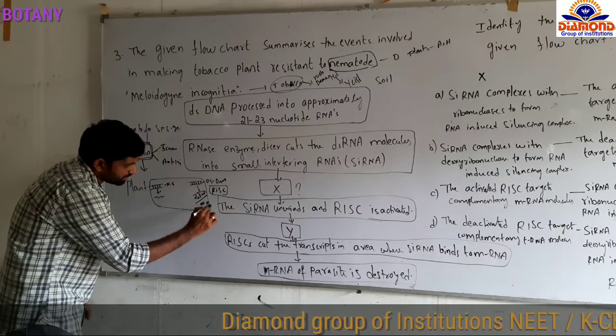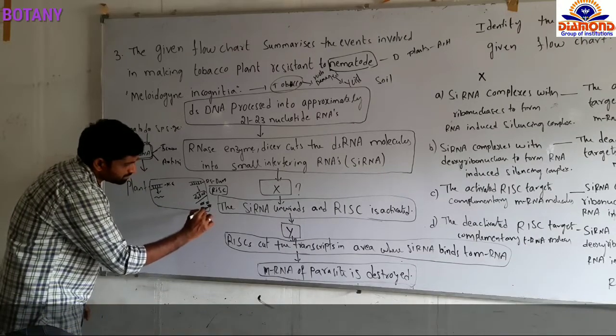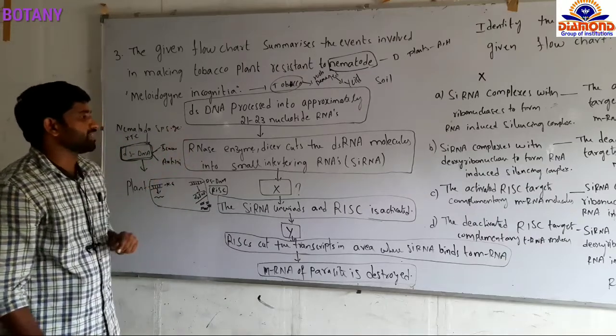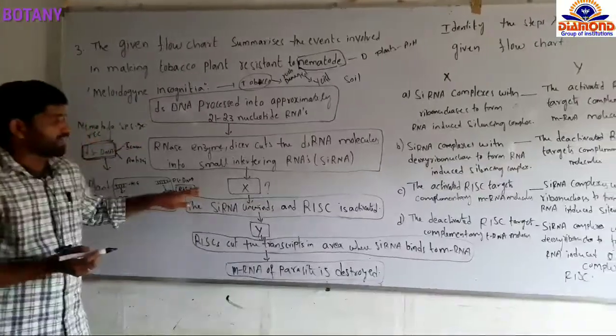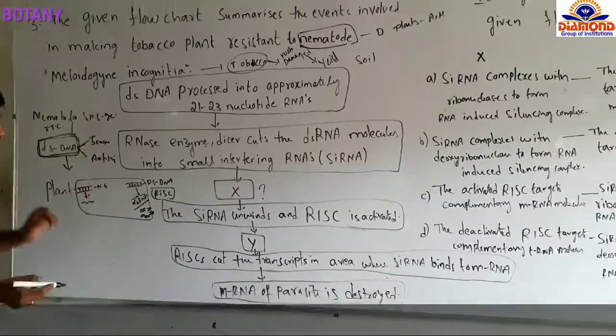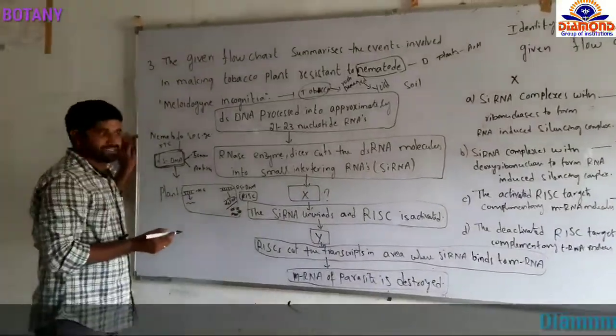This double-stranded RNA is cleaved into small pieces by the activity of RNase and the RNA induced silencing complex.